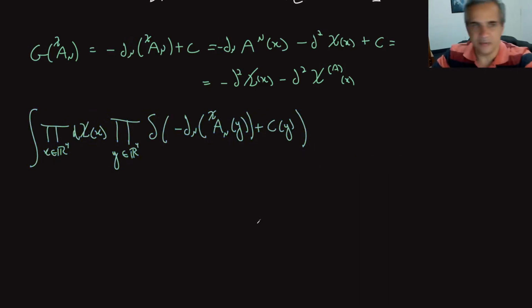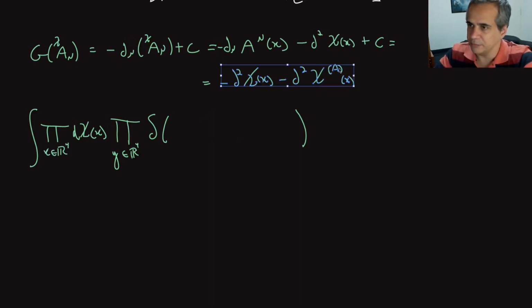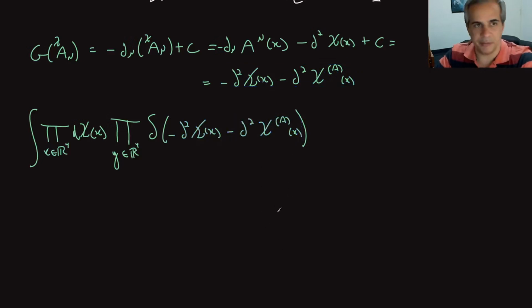Let me start from the left side here. Okay? So now I can go in here and substitute this. This is G, right? This is G by this one. And make a change of variables.